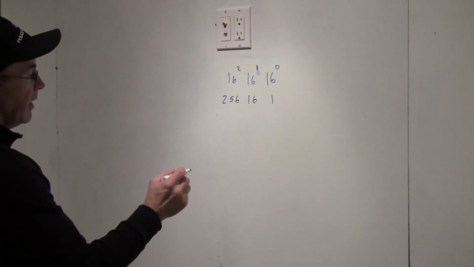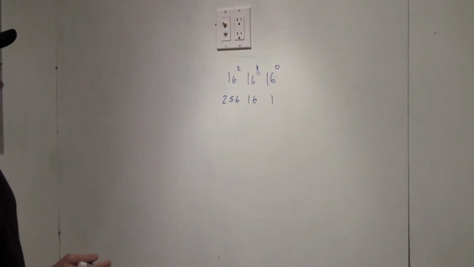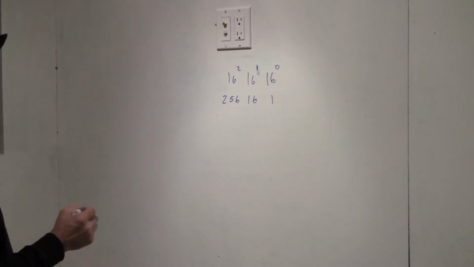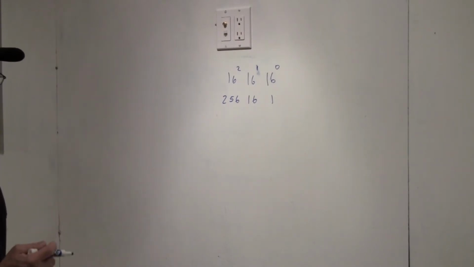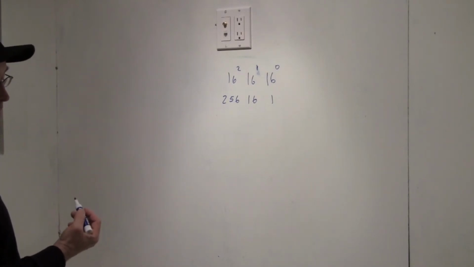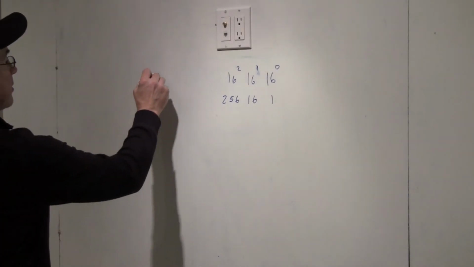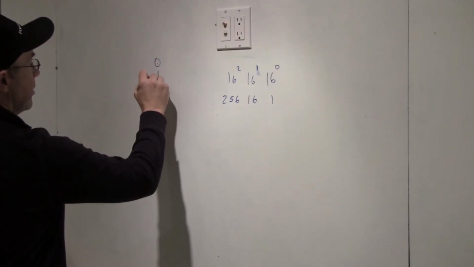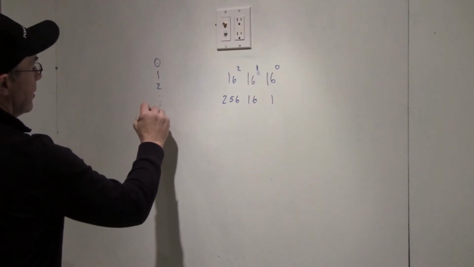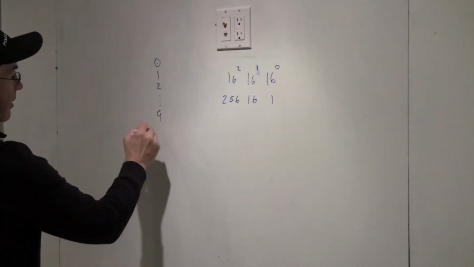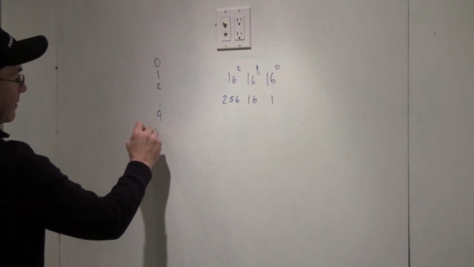So anyway, in hex, if it's base 16, which is what hexadecimal is, you need 16 symbols. Well, we only have 0 through 9, which makes 10, so you have to create some symbols. You've got 0, 1, 2 through 9, just like in decimal, but since it's base 16, you have to have 16 symbols.